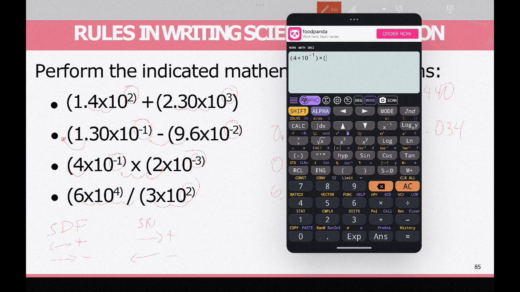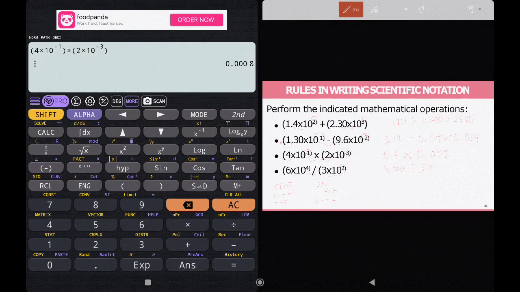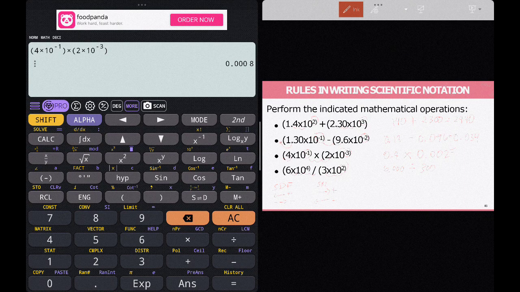Open parenthesis again, 2 times 10, then raised to negative 3, and then close the parenthesis, you will get 0.088. Okay? 0.008 rather.